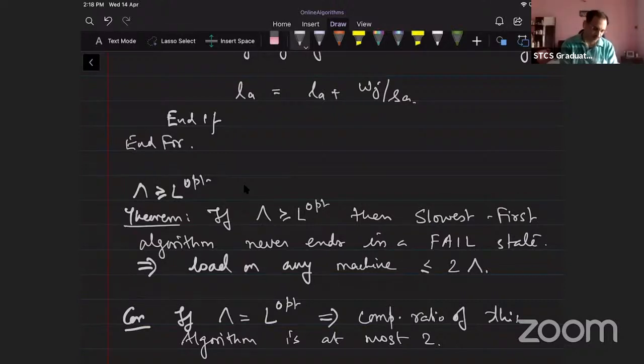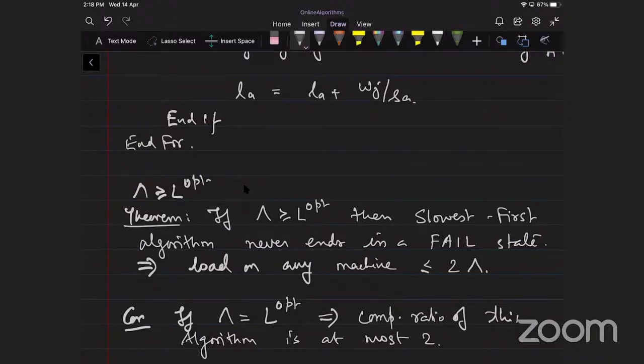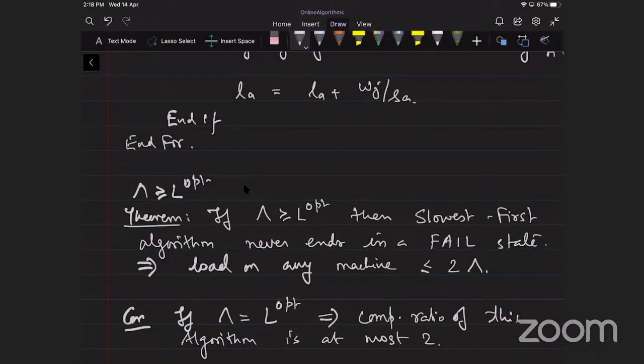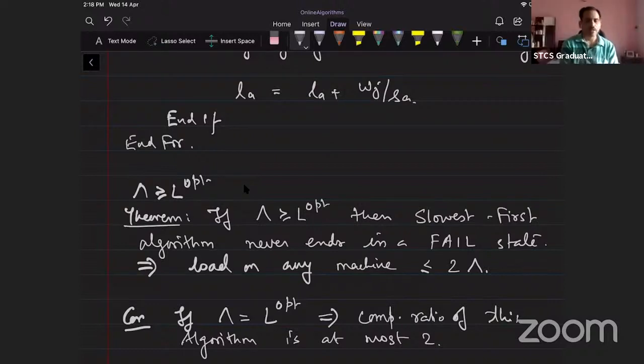Guys, speak up. Fail state is when a new job arrives and there is no machine to which it can be given. Can you speak up a bit? I can barely hear you. Yeah, slightly stronger. So fail state is when a new job arrives and there is no machine to which it can be given. So suppose I prove that every time a job arrives, I have at least one machine where I can assign it. Why does it mean that the load on any machine is at most 2 times lambda?